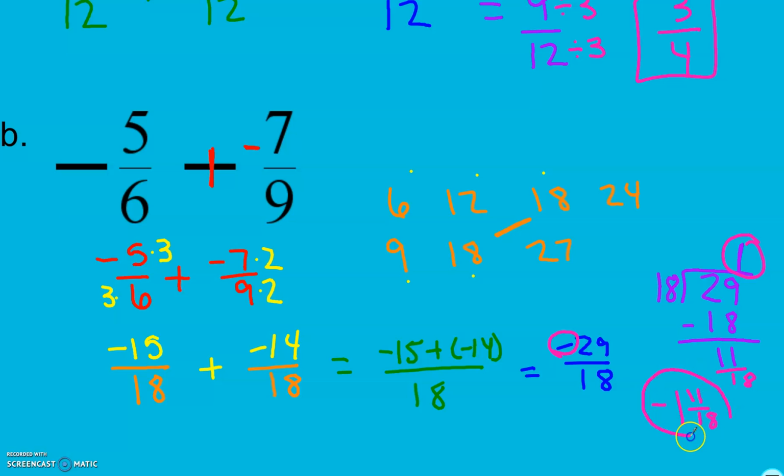And it's over 18 because that is my divisor there. It's what my denominator was to start with, so it stays that way. So remember, it's the negative whole number that we got when we divided, and then remainder over denominator.